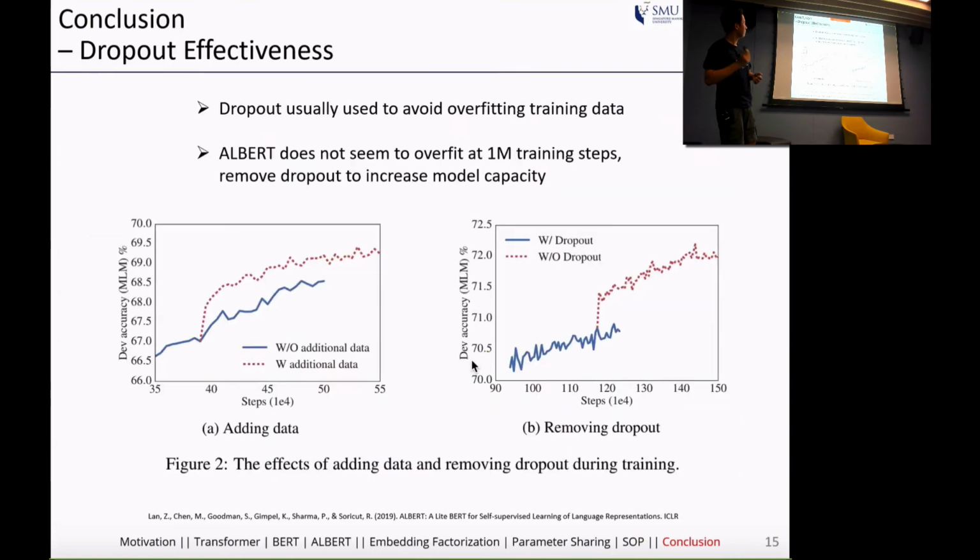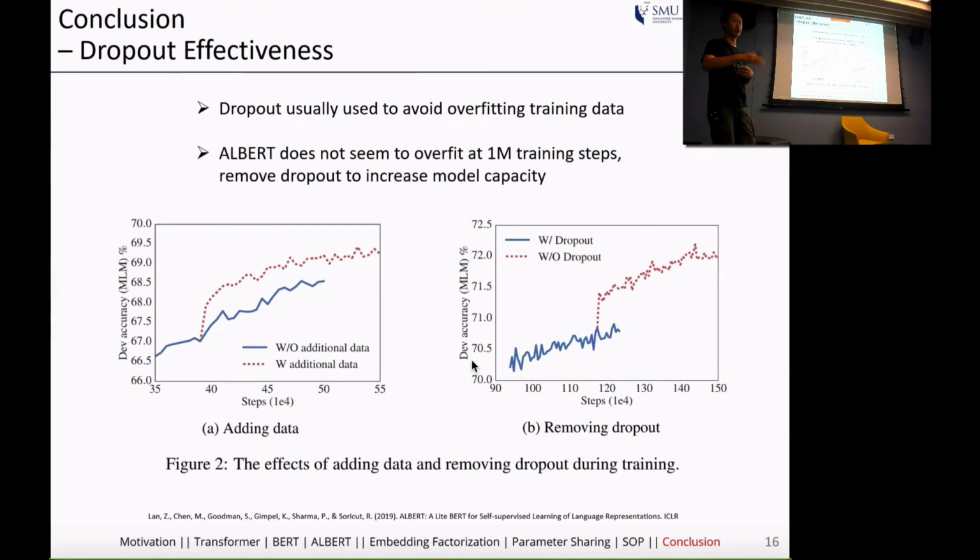And oh, one other thing that the authors mentioned after that was they actually used Dropout in the initial training, and they realized that ALBERT doesn't seem to overfit the training data at 1 million training steps. So they took the checkpoint at 1 million, and they actually trained it without Dropout.